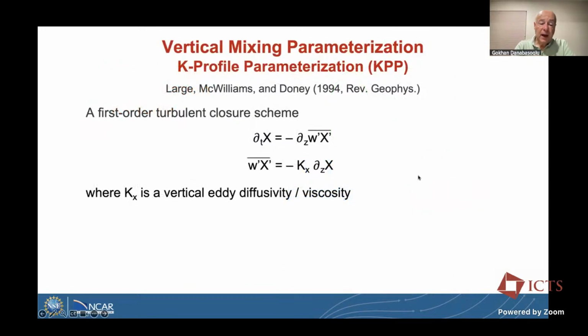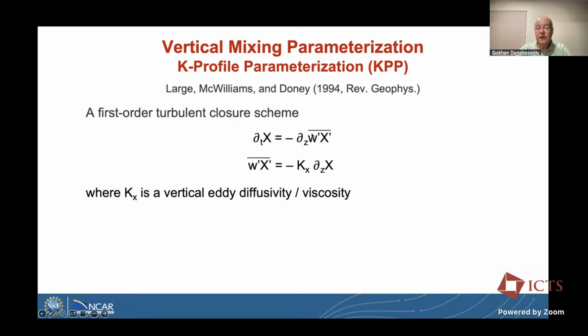So I'm not sure whether you are familiar with turbulent closure schemes, but this is a first order turbulent closure scheme. In other words, we are expressing the turbulent unknown quantities, this is W prime X prime, in terms of resolved or known variables within the model. In this case, X is, let's say, temperature or salinity, or it can be the zonal or meridional velocity component.